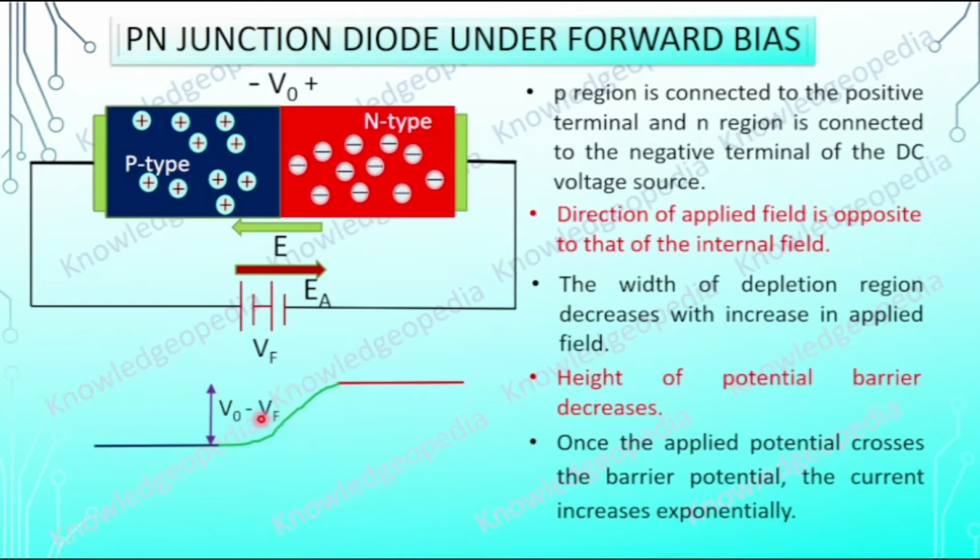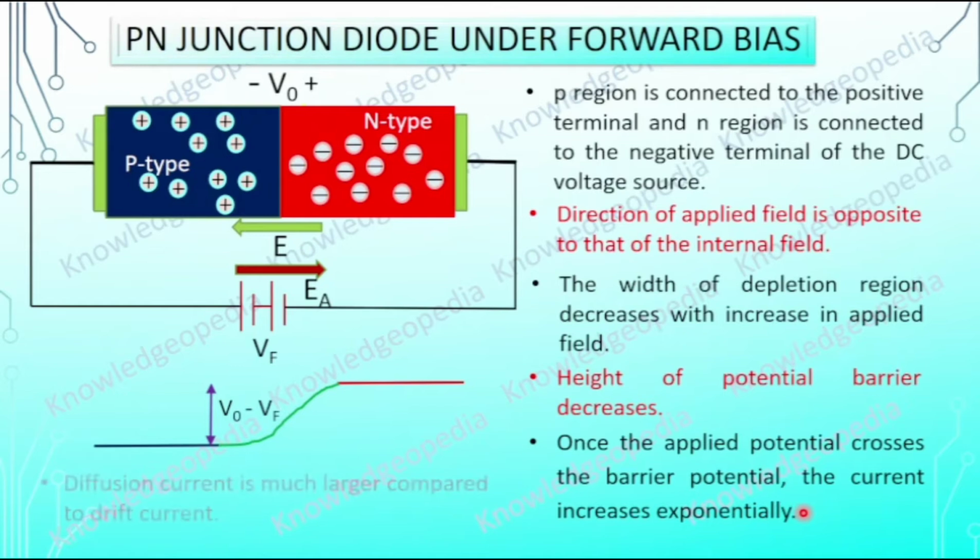But once Vf is equal to V0, the barrier is aligned, and after that there will be free flow of carriers, and hence the current also increases. And why it is increasing exponentially, we will look into that.